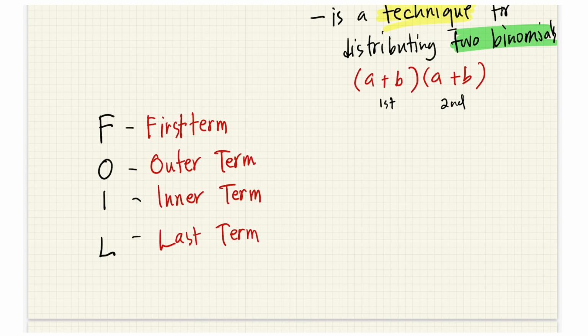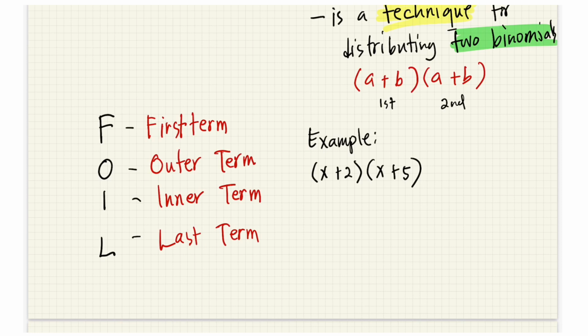Alright, let's have an example. If I have here x plus 2 times x plus 5, two binomials, we're going to use the FOIL method.